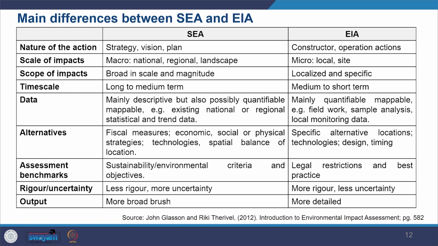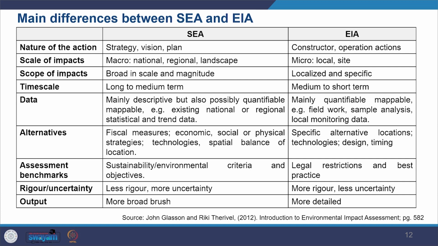And likewise, looking at it in terms of alternatives, in SEA you would be looking at the fiscal measures, what economic alternatives, social or physical strategies, technologies, spatial balance of location, where to put, you would have larger choices. Whereas in EIA, you would have very specific alternatives in terms of locations, technology, design, and timing, because you'll be only deciding it for the project, and more or less you must have designed the project.